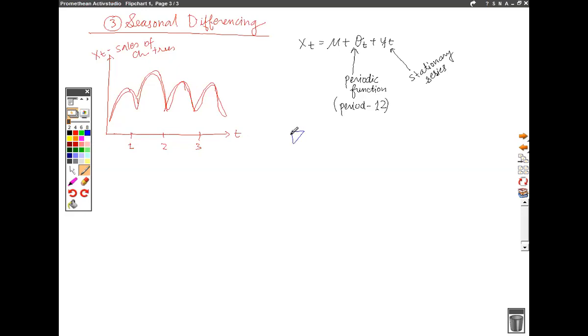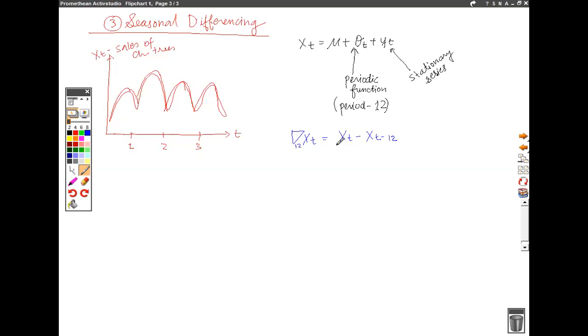When I write nabla x_t without a subscript, this is x_t minus x_{t-1}. But if I write a subscript of 12, what it would mean is that I'm subtracting x_{t-12} from x_t.